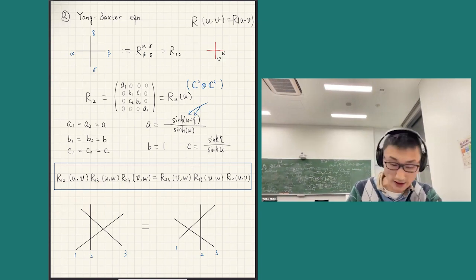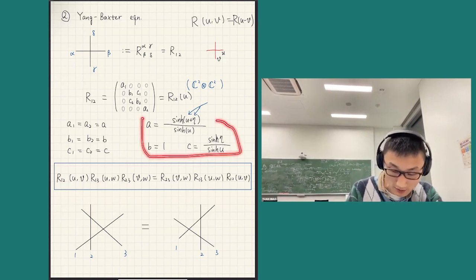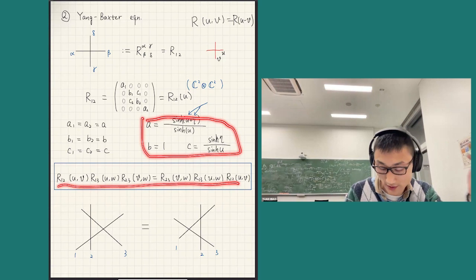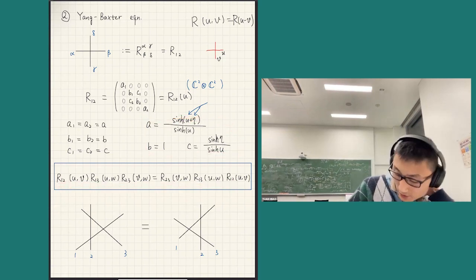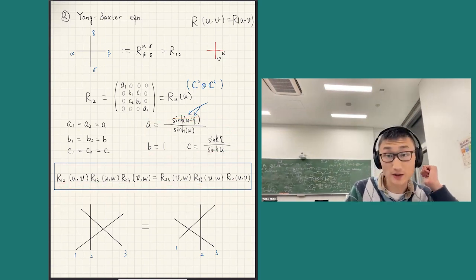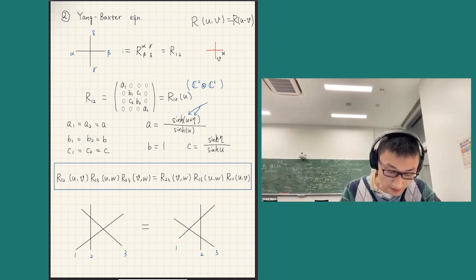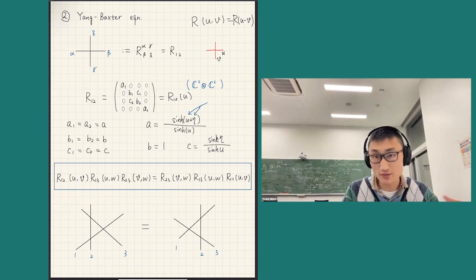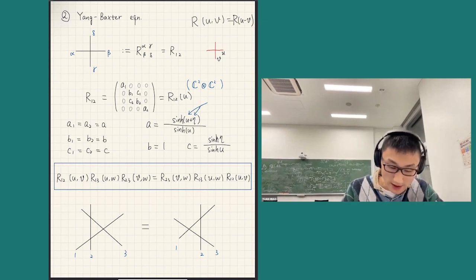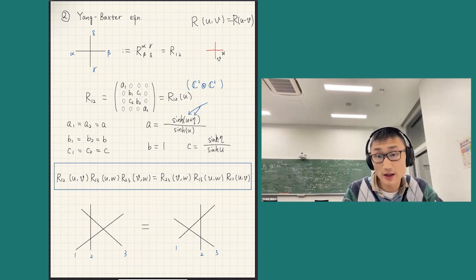And then it's an exercise that if you use this parameterization, you can show that it satisfies this condition. And what's the physical meaning of the Yang-Baxter equation? Well, if you're a field theorist, you might think of it as scattering matrices of particles. And the Yang-Baxter equation implies that any three-body scattering in 2D can always be factorized into two-body scattering, and it yields the same result.